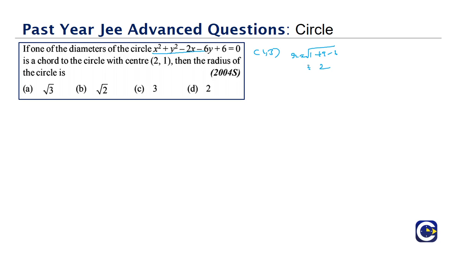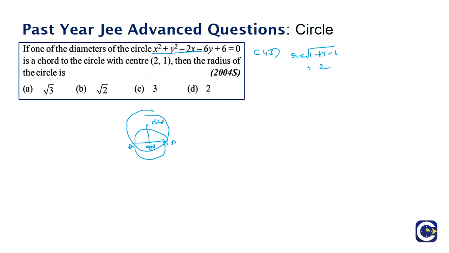What they give is that one of the diameters of the circle is a chord to the circle with center 2 comma 1. So if you consider a circle and there is a chord here, this circle has center 2 comma 1, and this is 1 comma 3.